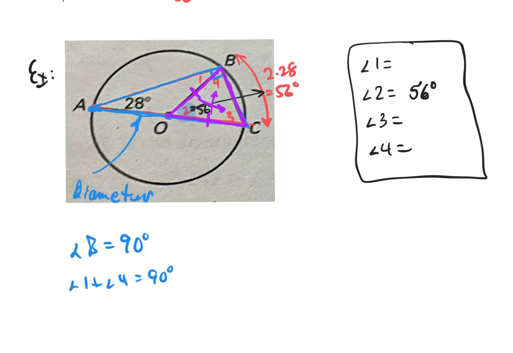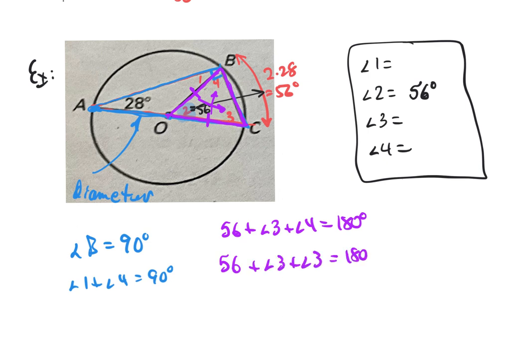So if angle 3 and angle 4 have to be equal to each other, and we know the three purple angles add up to 180, so 56 plus angle 3 plus angle 4 add up to 180 degrees. But since angle 3 and angle 4 are equal to each other, we can replace one with the other. That's called a substitution. So I can replace angle 4 with what it's equal to, and now I can solve.